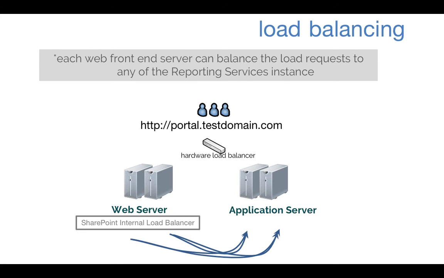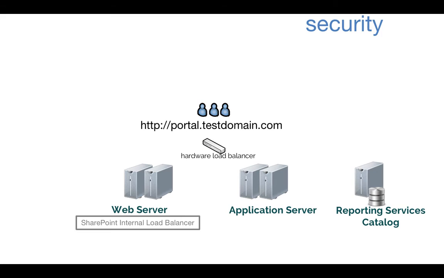The more challenging part in the past is really security. And I've added a reporting services catalog into the picture. In the past, because reporting services is a component outside of SharePoint, it's treated separately from SharePoint.